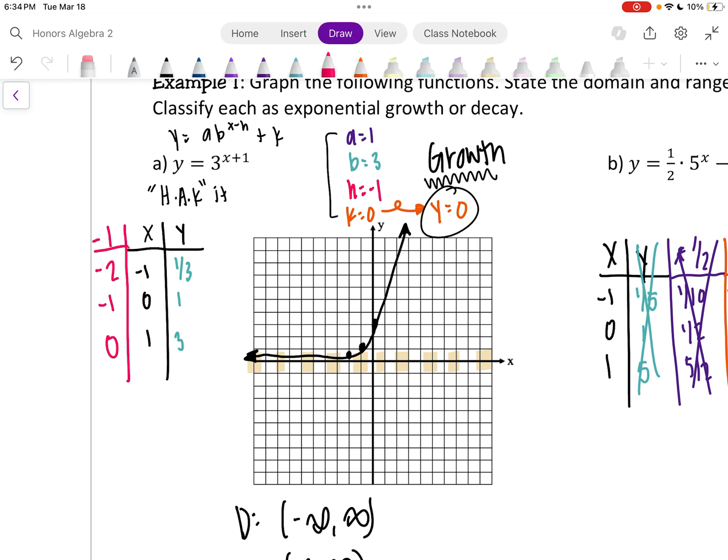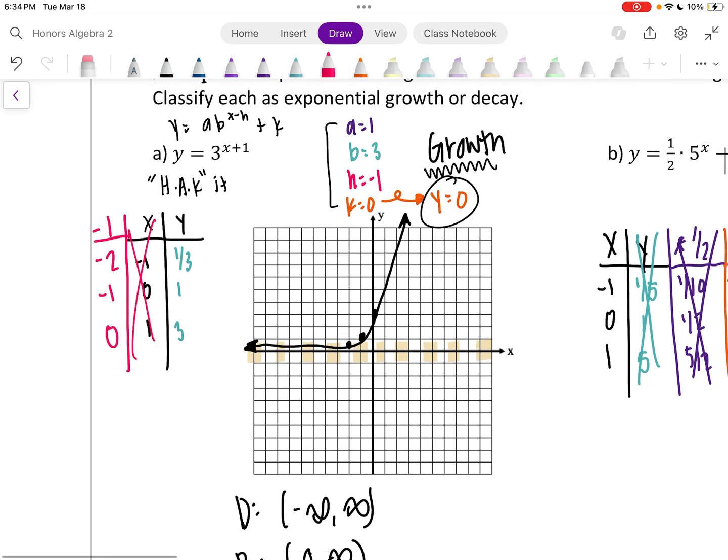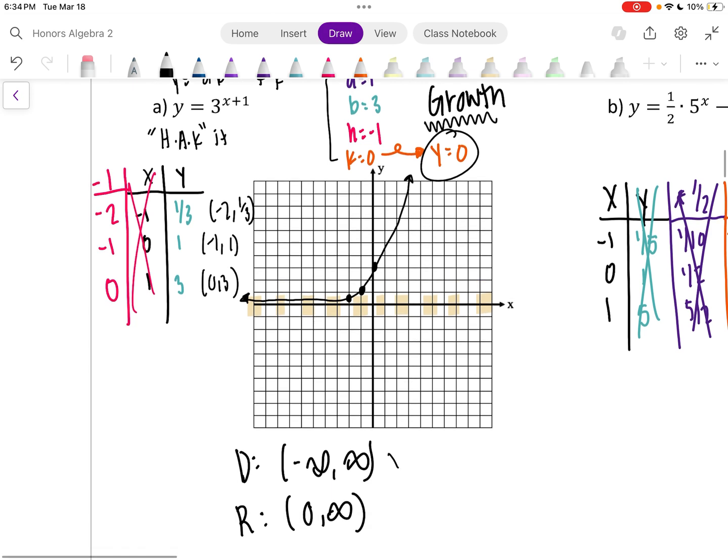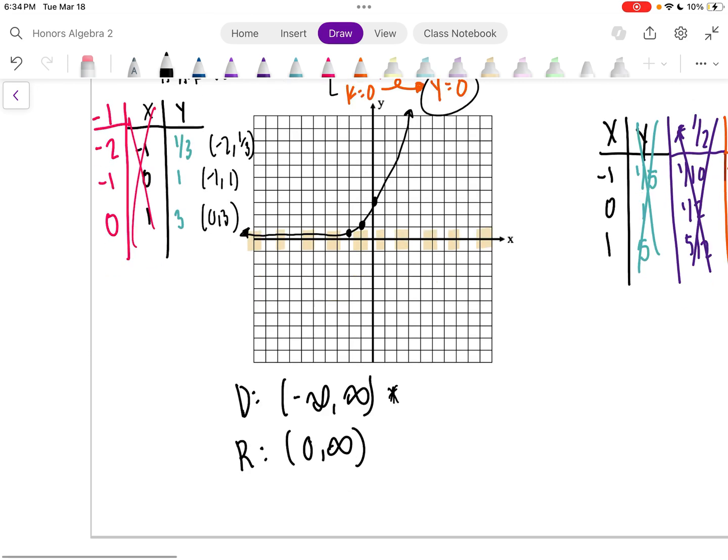Once you do that, you can cross that out, and then this becomes your ordered pairs: negative 2, comma 1/3; negative 1, comma 1; 0, comma 3. You plot those points and connect them. Since it's growth, it approaches the asymptote and then goes up like that. Your domain is always negative infinity to infinity. Your range is 0 to infinity, because this is always your k value right there.